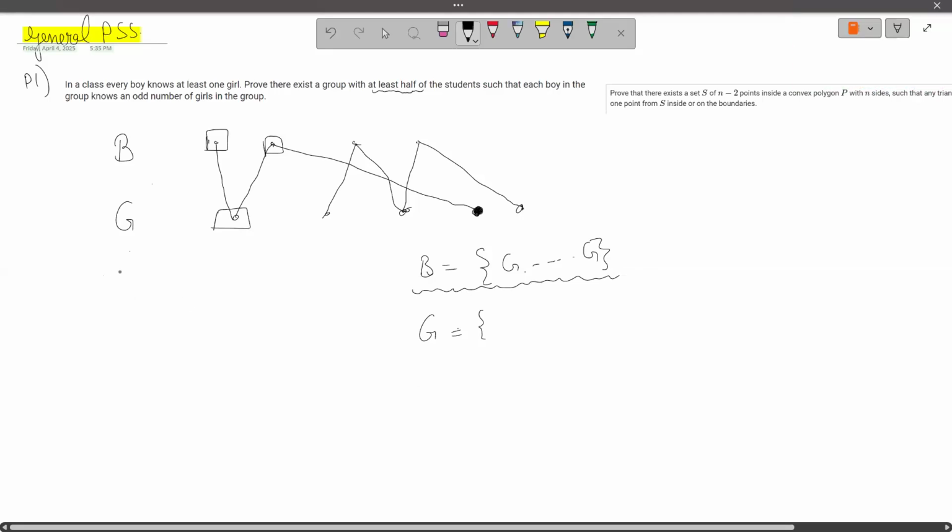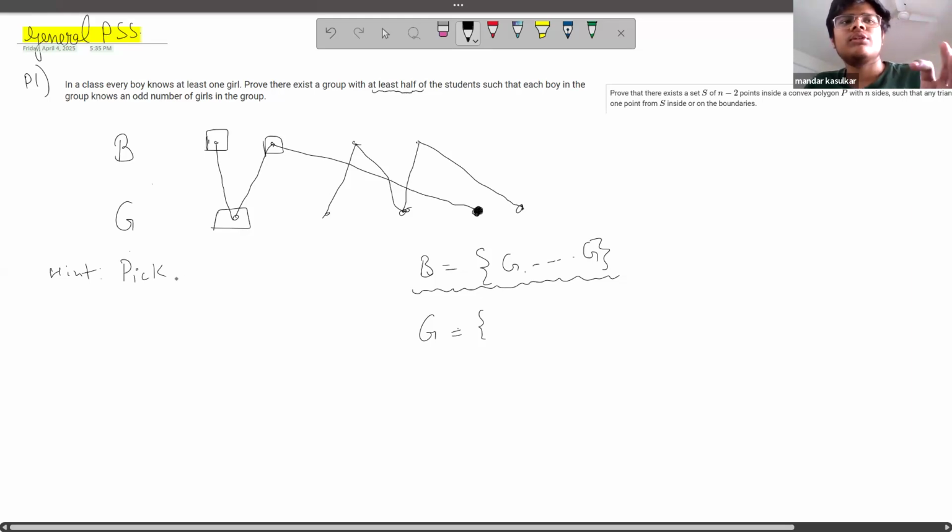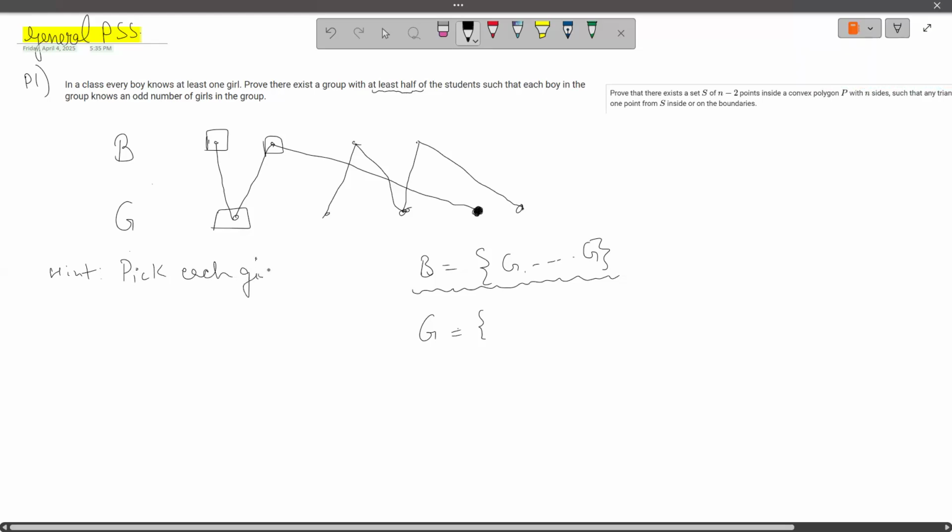People didn't ask for a hint, but here it is. Pick each girl with a probability of half. What's the probability of which event?